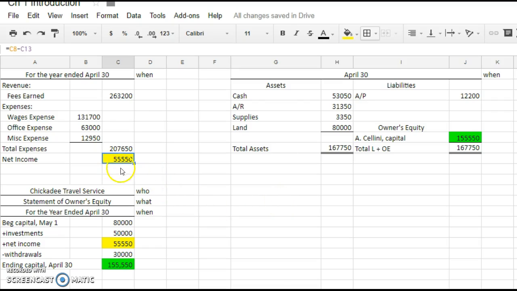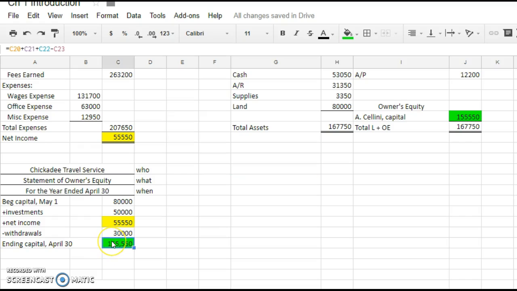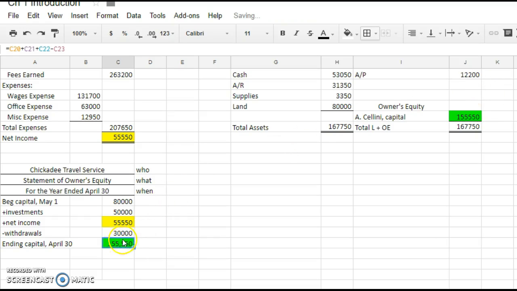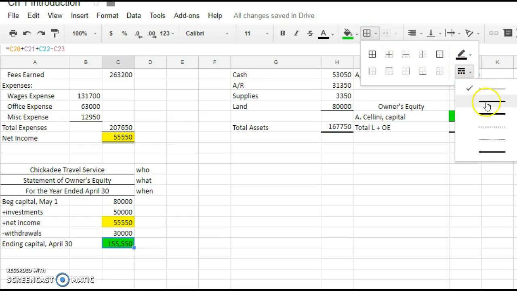I'm not going to add to it or subtract underneath it. I'm done. We're good. So I'm going to double line under the $55,550. Okay, so same thing here. We're going to put a single line under the $30,000 and double line under the $155,550 because I am done with that number.